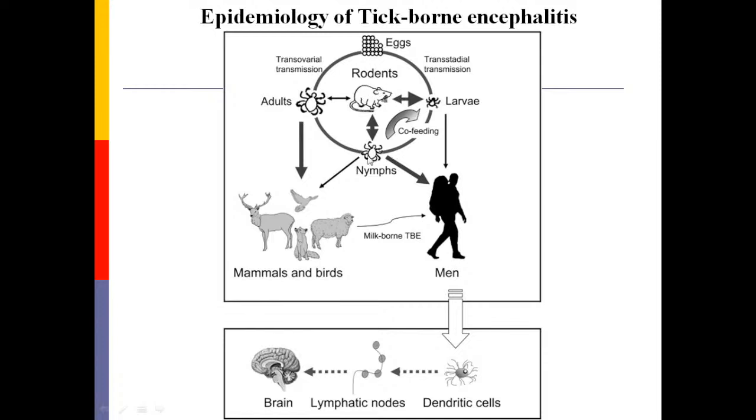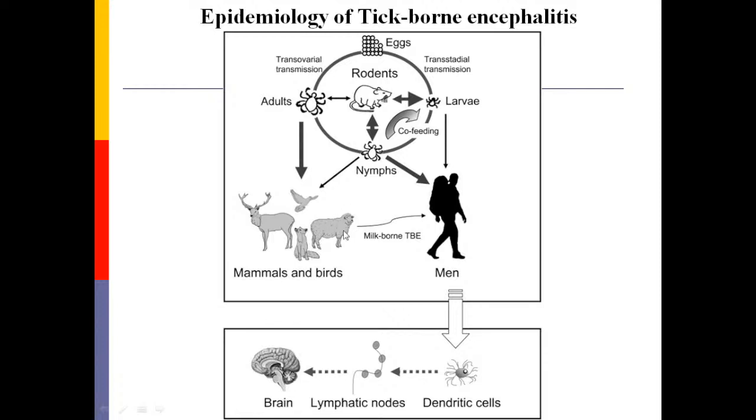Then larvae become nymphs, and nymphs are larger in size than larvae. They may live in the grass, on the trees, then they bite large animals and birds, deer, for example, foxes, and domestic animals that eat grass.